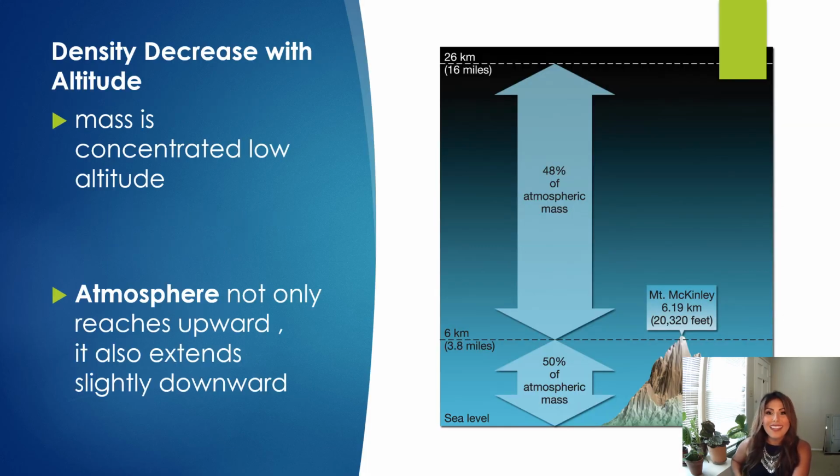So when we look at the concentration of the air or the mass of the atmosphere, where is more air? At the very top, like very high above where planes fly, or at the very bottom? Where is there more air? So your answer should be closer to sea level, right?